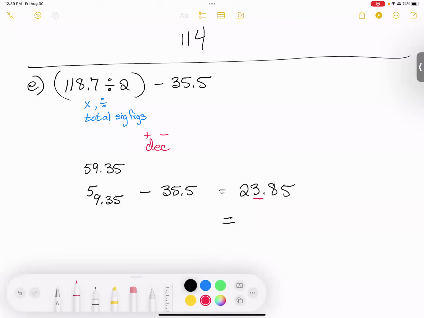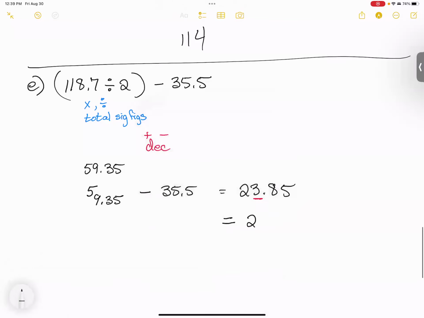And my answer would have to be recorded as 20 with no decimal point, because how many significant digits does that number have? 1. Or you can record it as 2 times 10 to the 1.